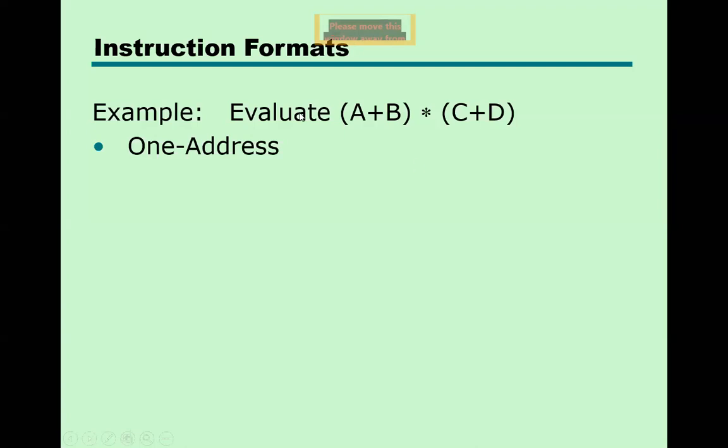Similarly, by using 3 variables, 2 variables, 1 variable, or we can say 1 address. Now if it is 1 address, obviously an accumulator is required. So first we have to move the A value into the accumulator: LOAD A. Whatever is at memory location A will be loaded into the accumulator.